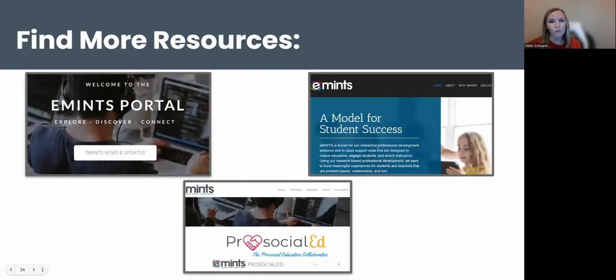And then just 3 more places where you can find resources. We have our eMINTS portal that Haley spoke about. You can find the tip cards and different resources through that, as well as the grants that we're working on. We have our emints.org website that you can go to in order to find out upcoming events that are going on and registration for those.